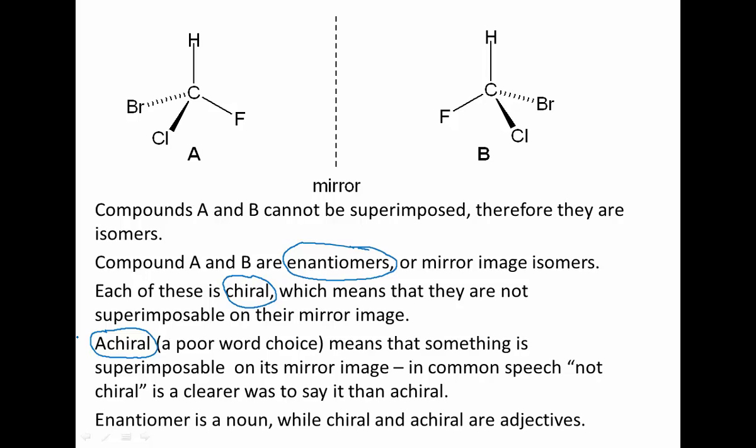The problem with the word achiral in common speech is that when you say a chiral molecule versus achiral, it sounds the same, so people can't understand what you're trying to tell them. So I'm going to use the words not chiral instead of achiral, but achiral is technically the right word. There's some subtle differences between these terms, but the best way I can tell you to understand this is that an enantiomer is a noun, and chiral and achiral are adjectives.